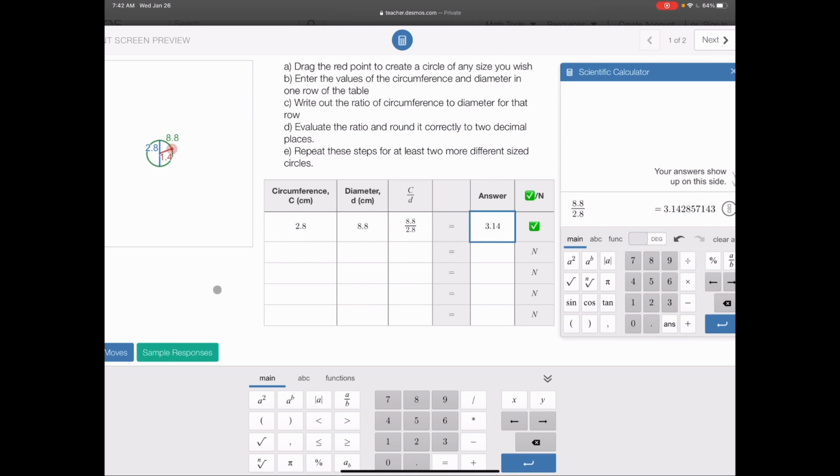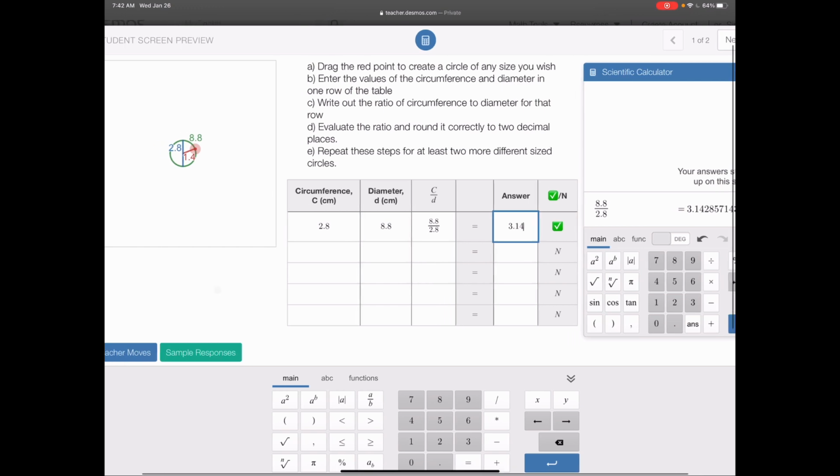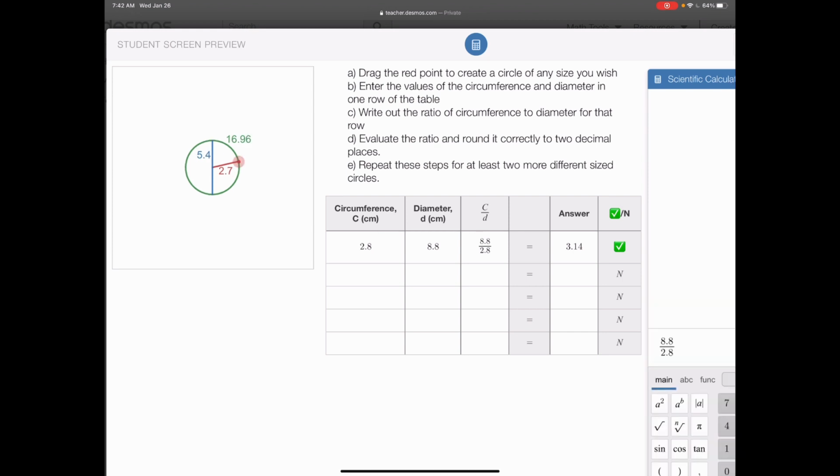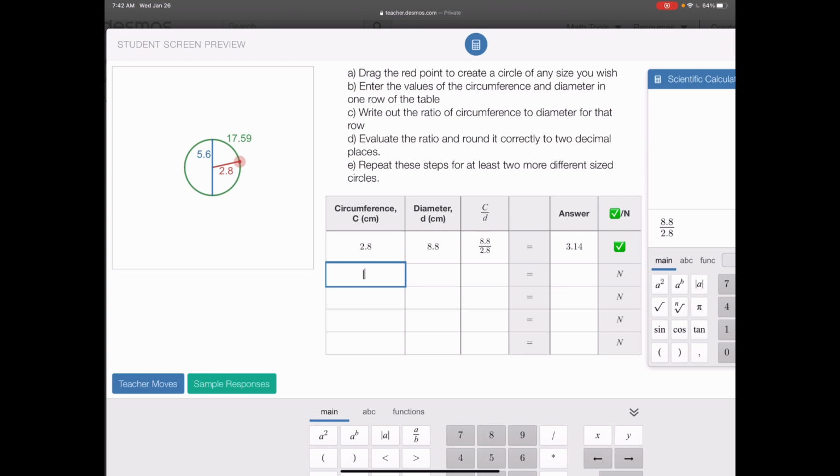Already you might be thinking, this looks a little fishy, right? So let's take a look at the next one. About 16.96. Okay, we almost doubled it. Let's actually double it. I think I actually switched these. So this is supposed to be 8.8, and this is supposed to be 2.8. We've got 17.59 as the circumference, and now the diameter is 5.6.